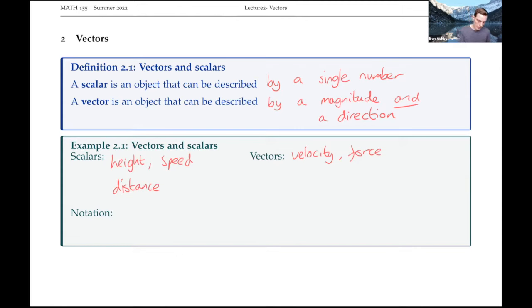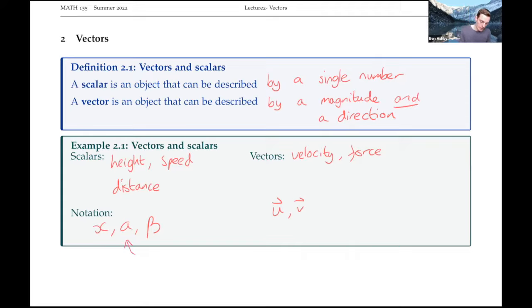In terms of notation, if we're talking about some sort of scalar, we'll typically use a lowercase letter, whether it's x, a, beta, whatever it happens to be. Whereas if we're talking about vectors, we tend to write them as lowercase letters with an arrow. For example, vector u, vector v. You'll also see them written in bold, typically in a textbook, whereas it's harder to write boldface when we're writing by hand.